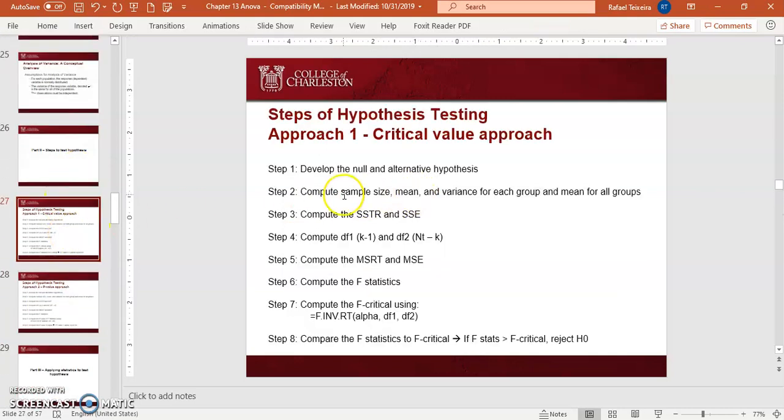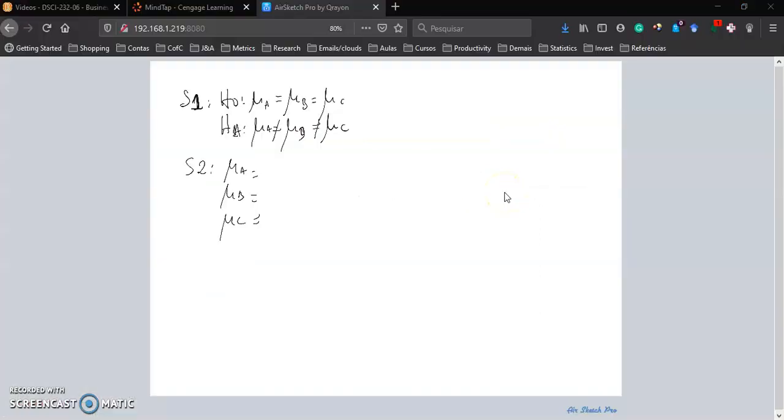This is computing sample size, mean, and variance for each group. So going back to here, we know the mean. Let's say the variance for each group is s squared for A, s squared for B, s squared for C. So you compute these numbers.